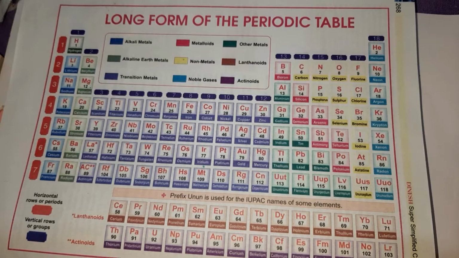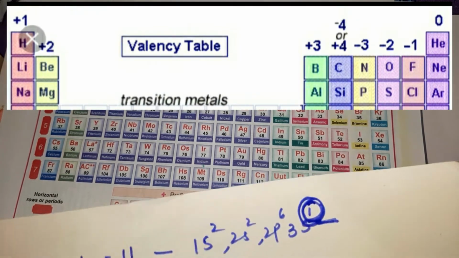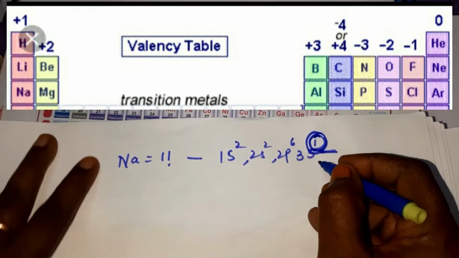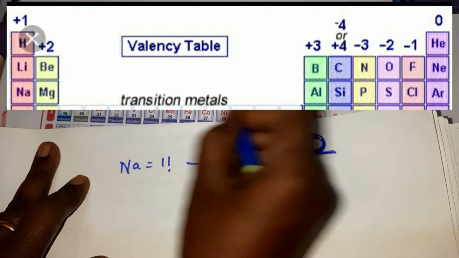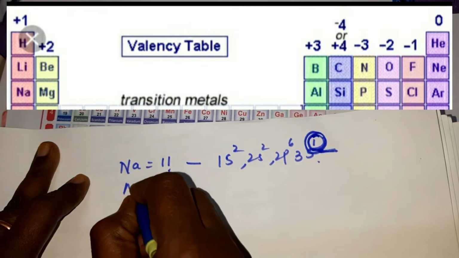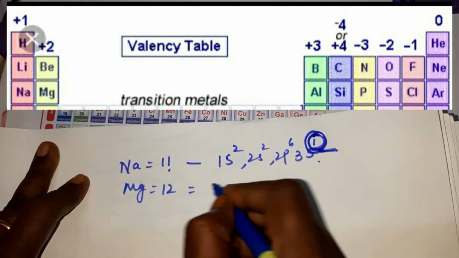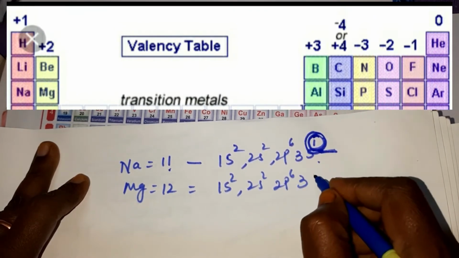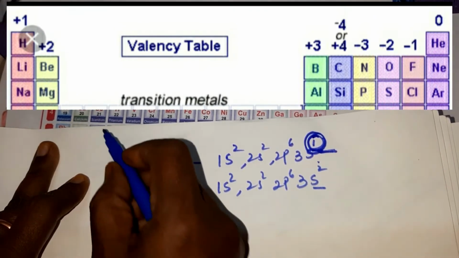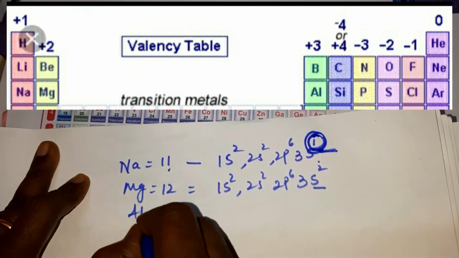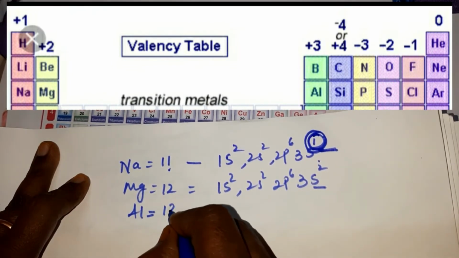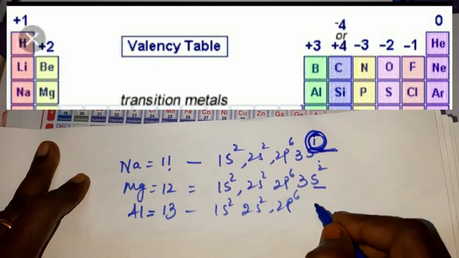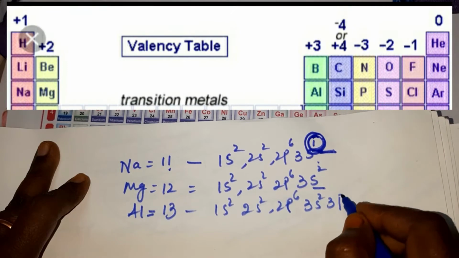Take sodium, atomic number 11. Magnesium, 12, electronic configuration 1s2, 2s2, 2p6, 3s2, so 2 electrons. Aluminium, atomic number 13, 1s2, 2s2, 2p6, 3s2, 3p1.